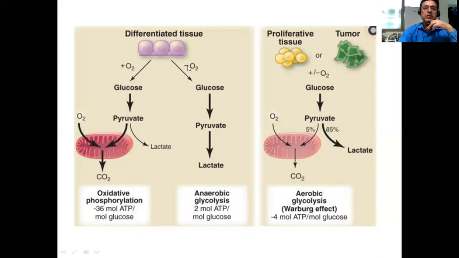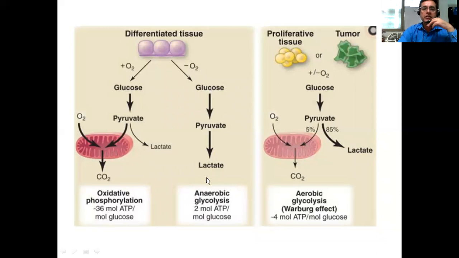But if there is no oxygen, for instance, then what would the cells do? When there is no oxygen, the glucose is converted into pyruvate, and the pyruvate is converted into lactate. This is anaerobic glycolysis, which gives you only 2 molecules of ATP per molecule of glucose.